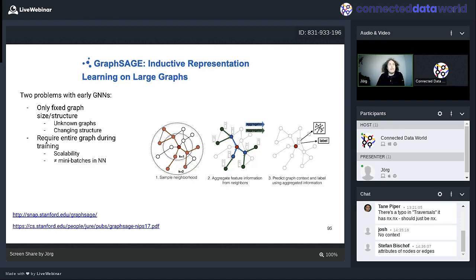A second challenge is that those models require the entire graph during training, which severely limits the scalability to large graphs. And it's not like mini batches in normal neural networks where we can, on distributed nodes, train in mini batches and then aggregate the model. Those are the two problems GraphSAGE addressed.